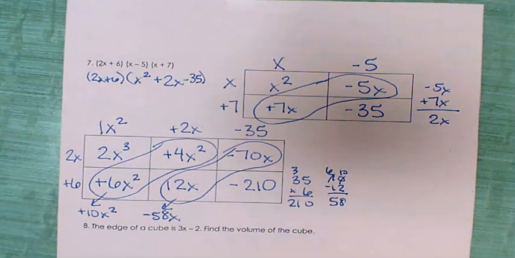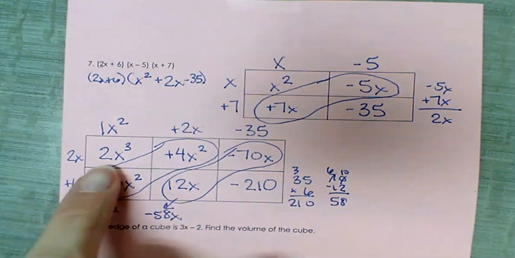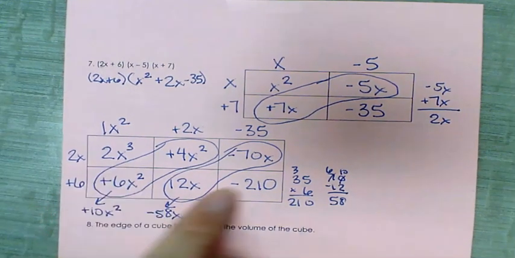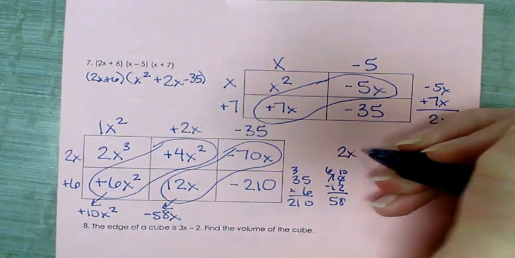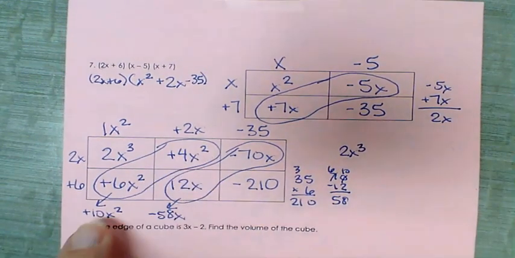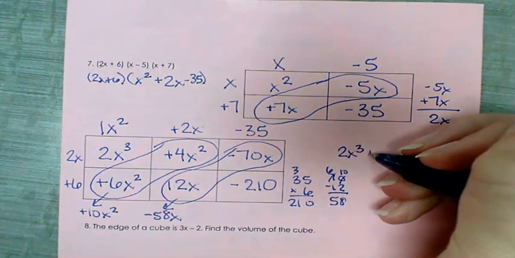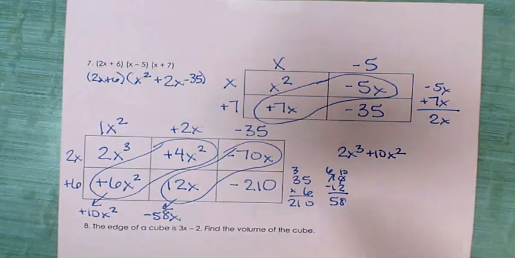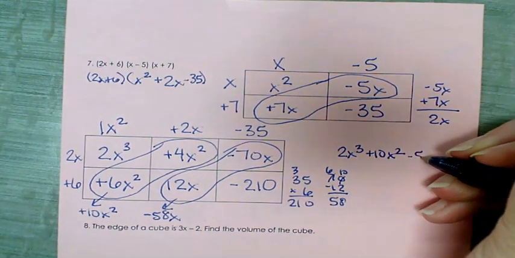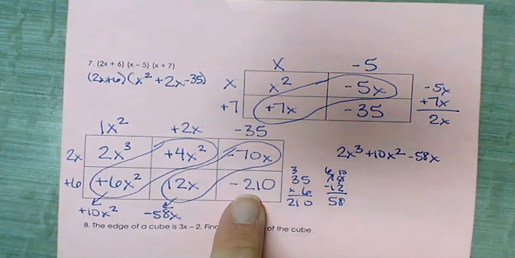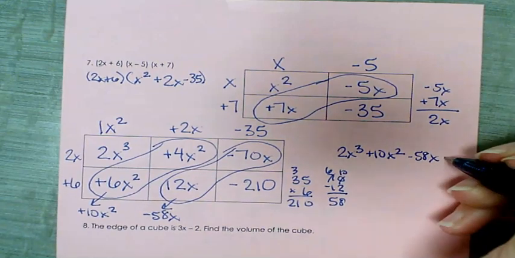So when I put together all of my terms for my polynomial, I have to include a representation from everything in the box. So 2x cubed kind of represents the x cubed terms. 10x squared represents the x squared terms. Negative 58x represents the x terms. And then the constant term is represented by negative 210.